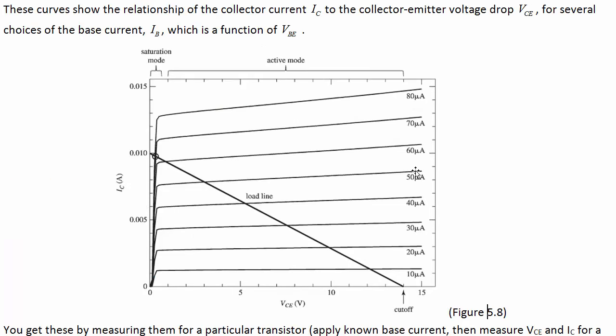Where is the beta parameter? The beta parameter is the ratio, again, between the collector current and the base current. So you can find out where that is in a particular spot here by looking at the base current that we've got and the collector current that we've got.